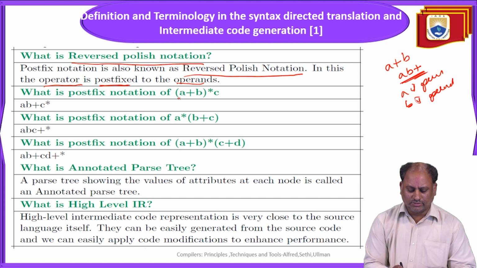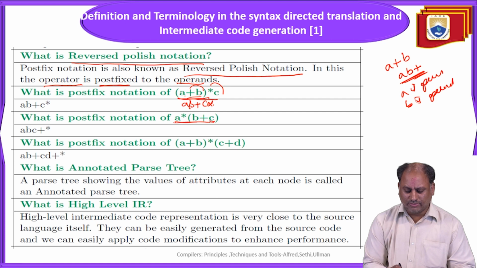So for example, in A plus B star C, the operator is placed in between, so that is processed to come after the operand. Then if you take this expression, star is placed: AB plus C star.